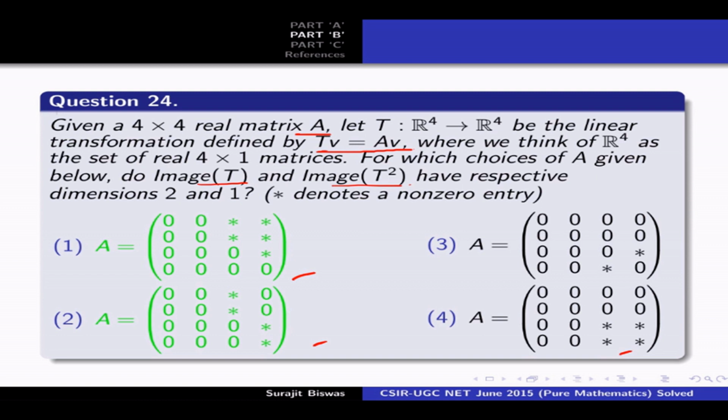So therefore we need to compute T square, and for that we need to compute A square, and we need those A for which A square is of rank 1.